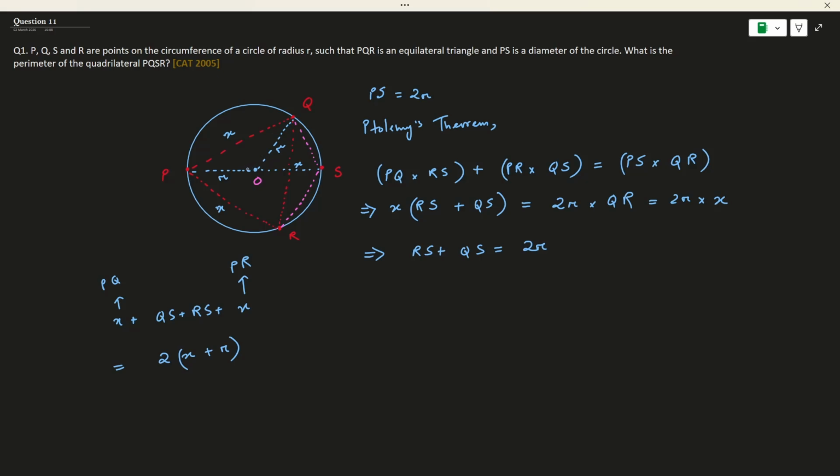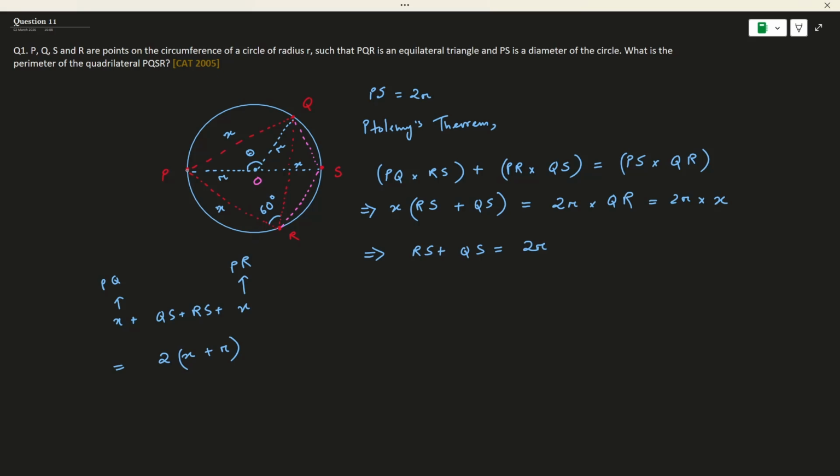If I can find this angle, let's say theta, then I can use the cosine rule to find the length of X in terms of R. So how to find this angle theta? Remember, we are told that PQR is an equilateral triangle, so this angle will be 60 degrees.